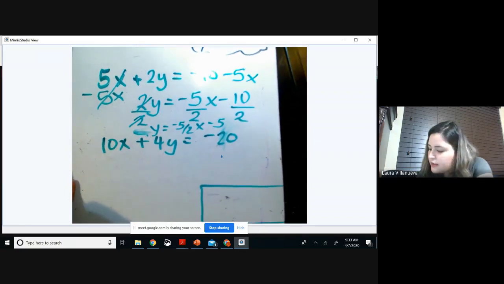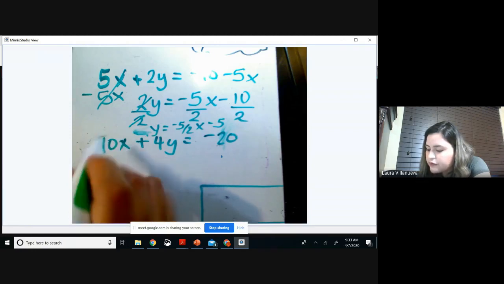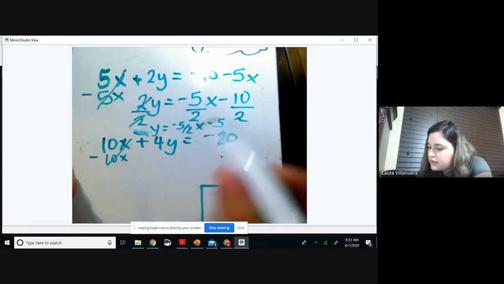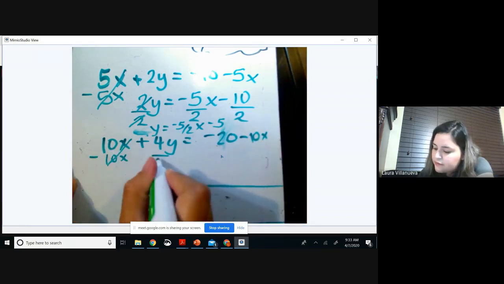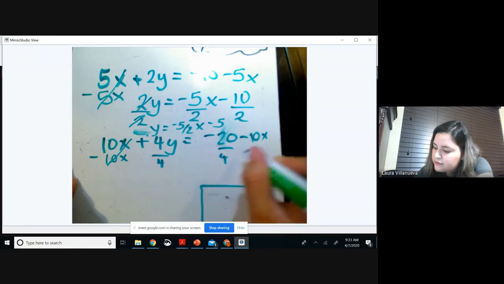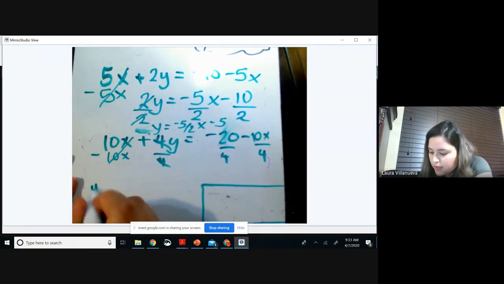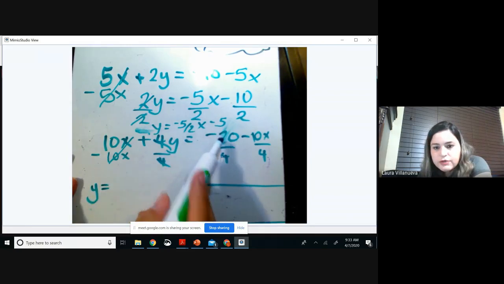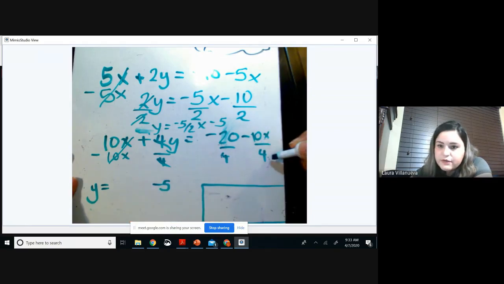Okay, and then for this one, I'm going to move the 10x. How do I move it? You do the opposite of 10x, which is negative 10x. Negative 10x on this side as well. Divide by 4, divide by 4, divide by 4. So now I'm going to rewrite y equals 20 over 4 is 5. 10 divided by 4, you're going to have to simplify by 2 here.